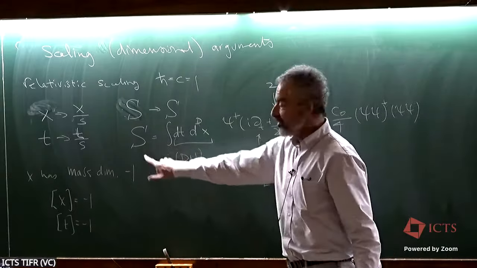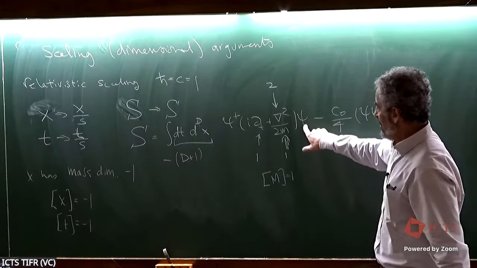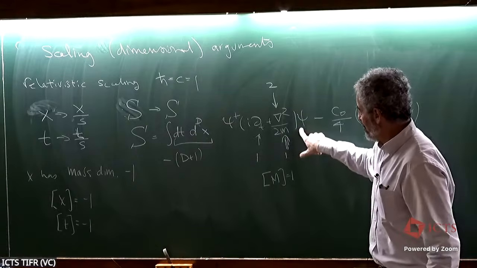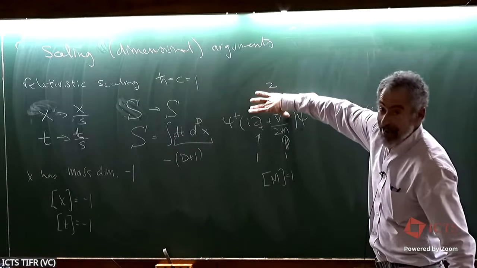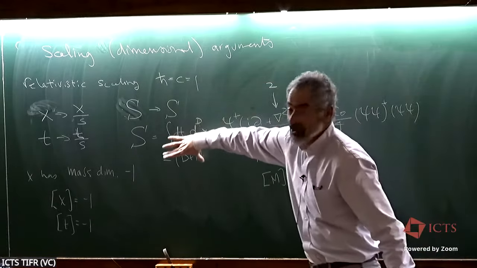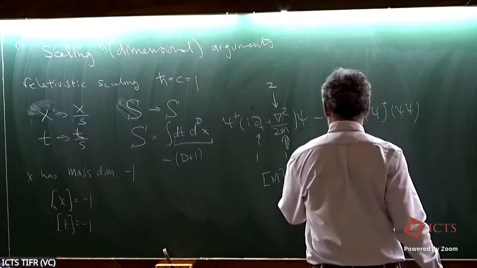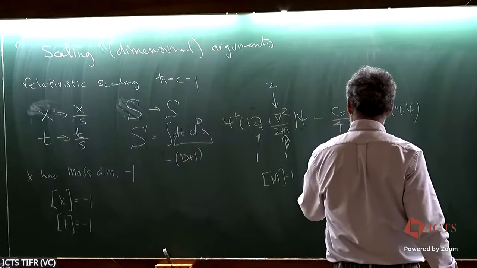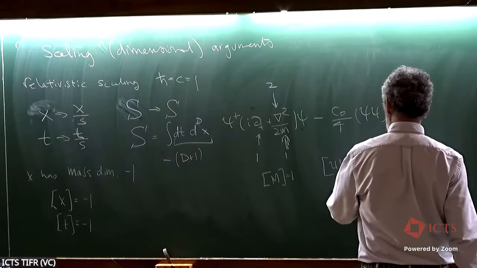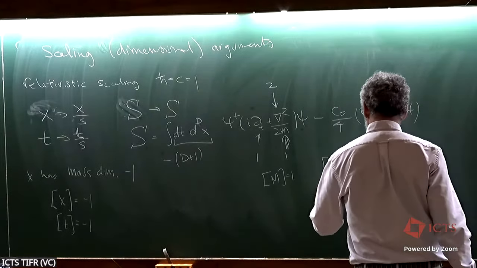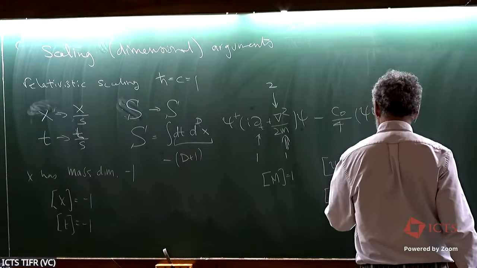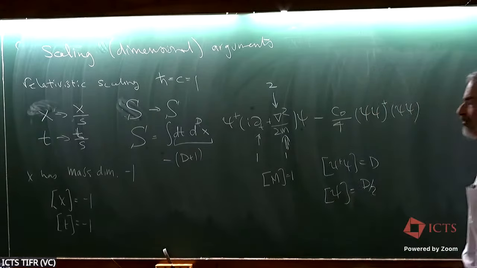We want the action to be invariant. And then, because this quantity here has mass dimension 1, this has mass dimension minus D minus 1, we must have that psi dagger psi has dimension D, or psi has dimension D over 2. So 3 halves when capital D is 3.